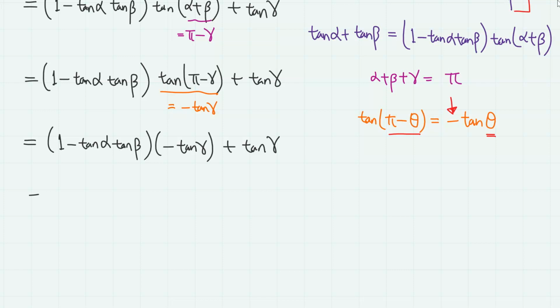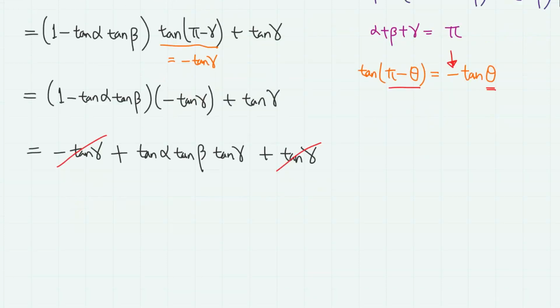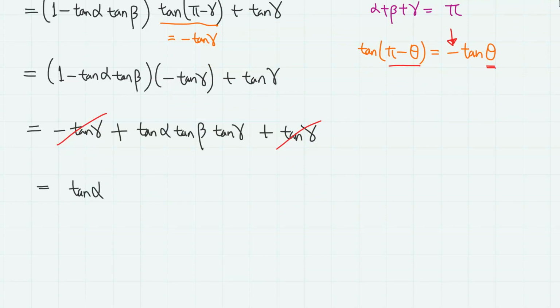And if we expand, we have minus tangent gamma at the front, then plus tangent alpha tangent beta tangent gamma, then plus tangent gamma. So this and this cancel out. So we have tangent alpha times tangent beta times tangent gamma. And that's the third identity proved.